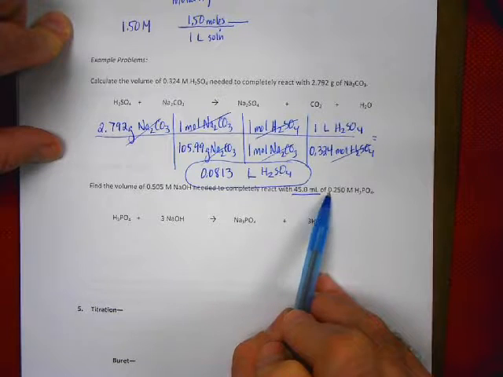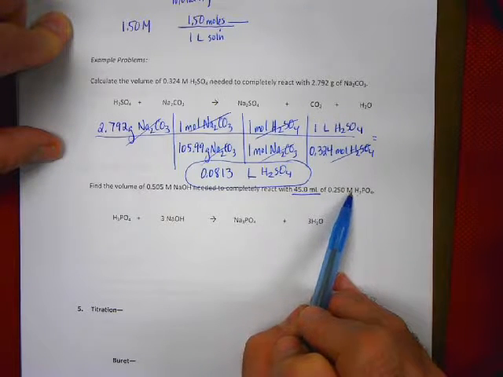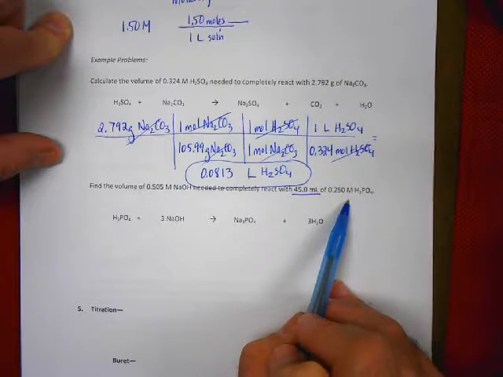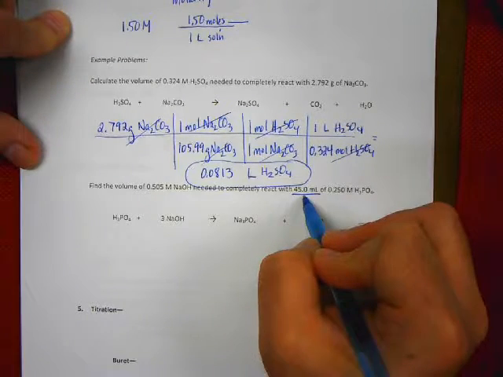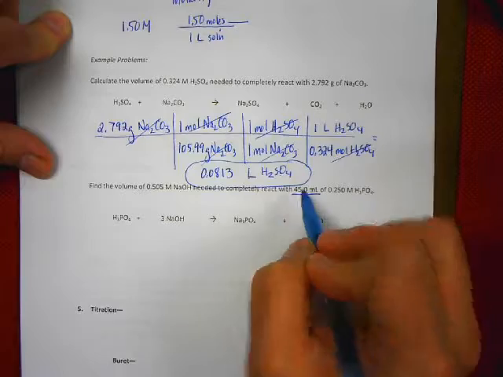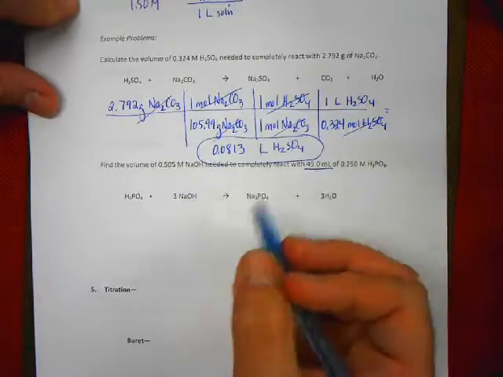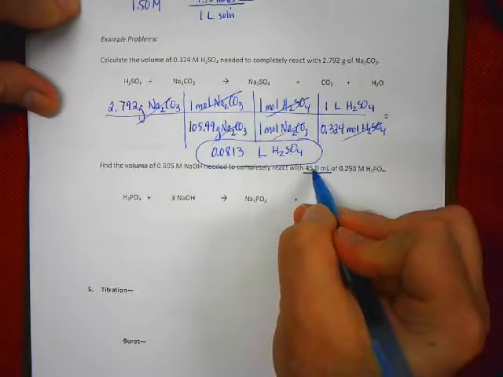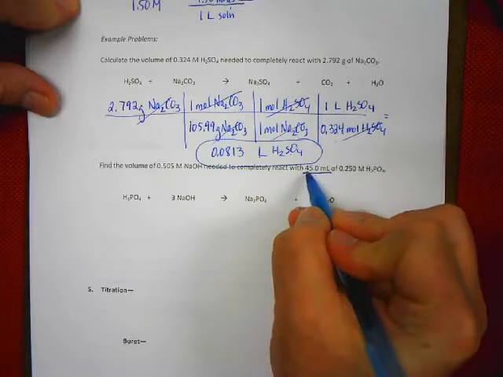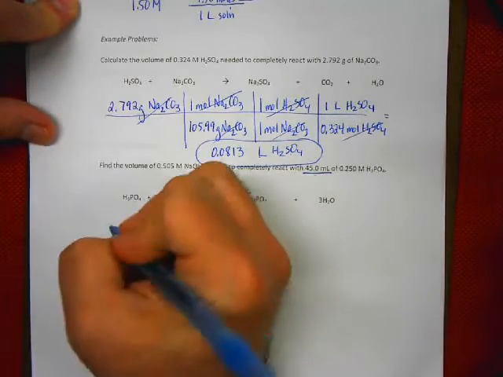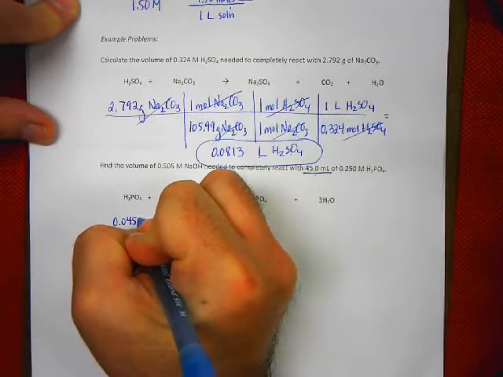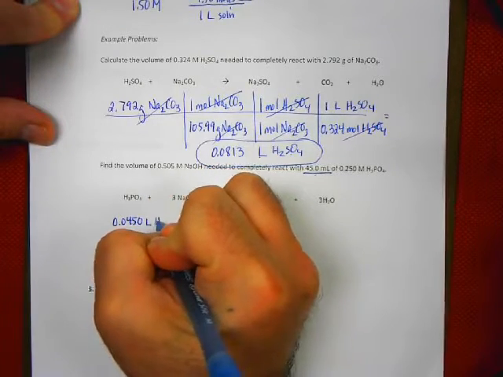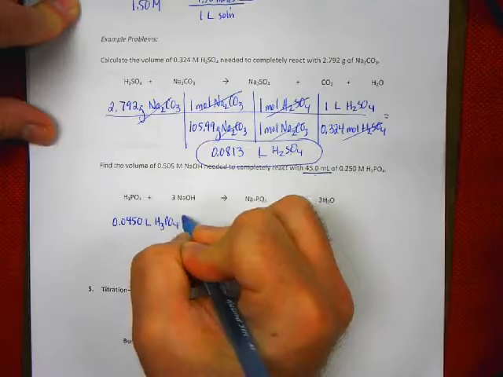If we're going to use this as a conversion factor, we know that that's how many moles we have per 1 liter. So I'm going to change this from milliliters to liters when I start the problem. So we know that we can move the decimal point over 1, 2, 3 places, or divide that by 1,000. It's the same thing. And we get 0.0450 liters of H3PO4.